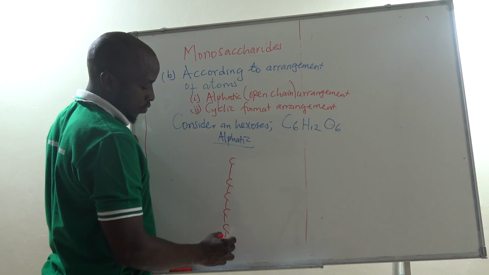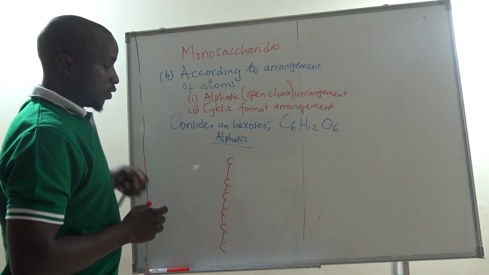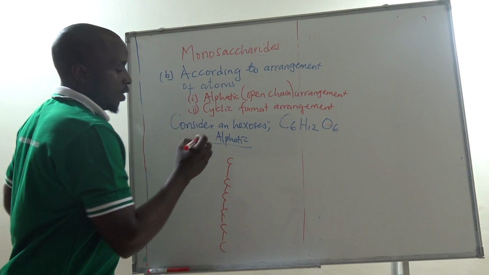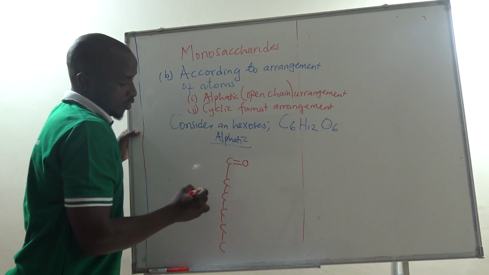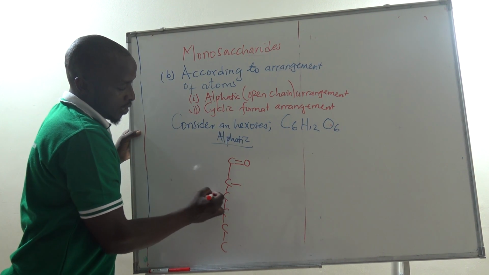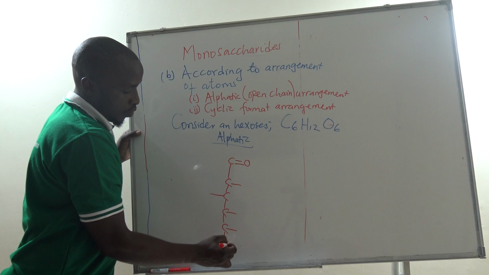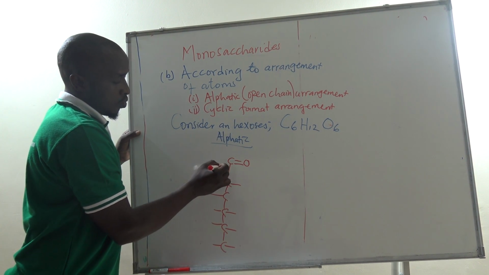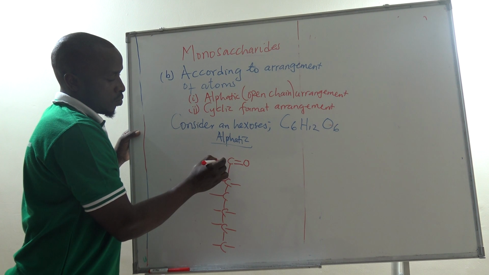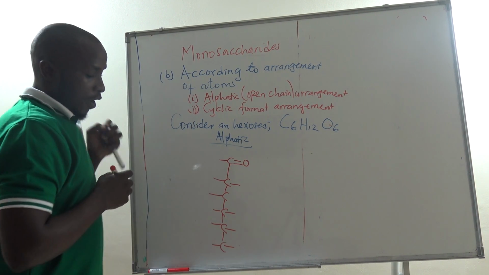There are 6 carbon atoms. If I put here the first oxygen, meaning the others are carrying oxygens, and even this one is carrying 1 hydrogen.